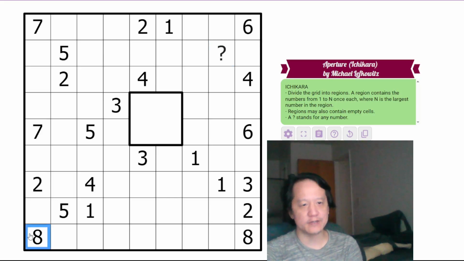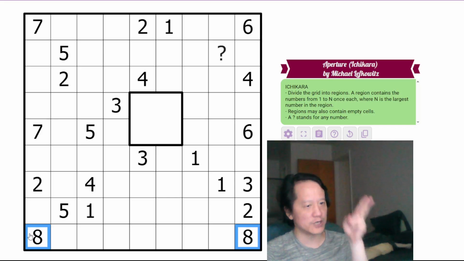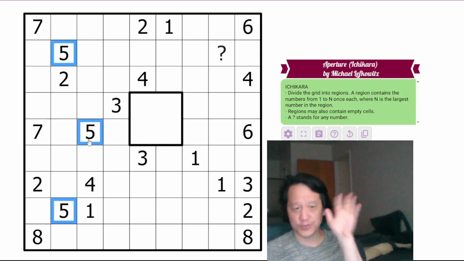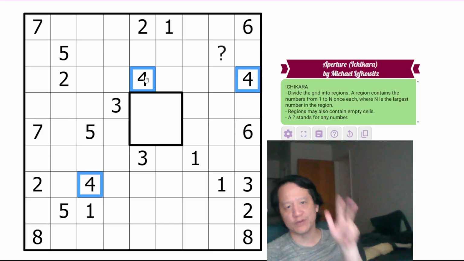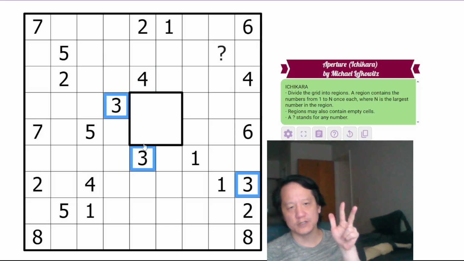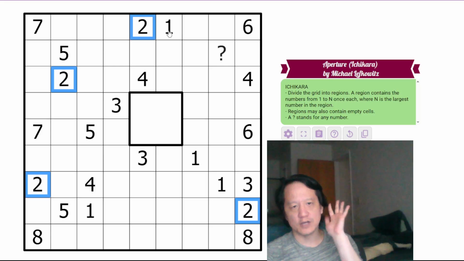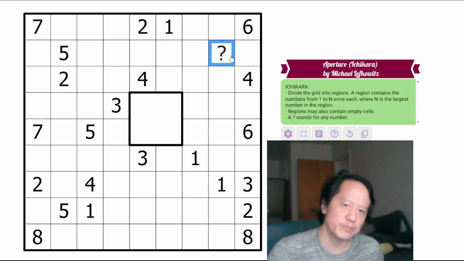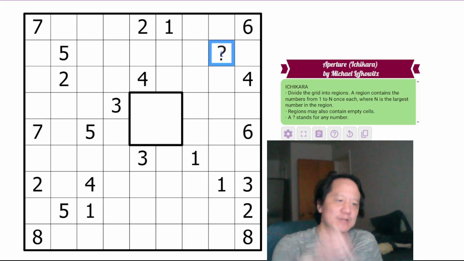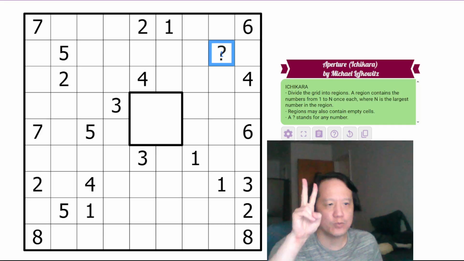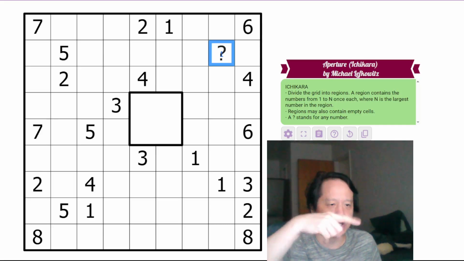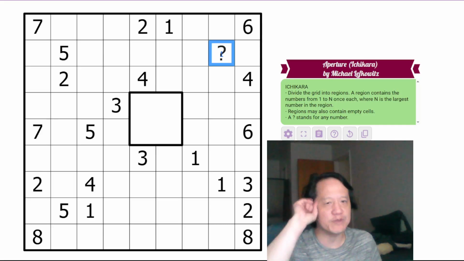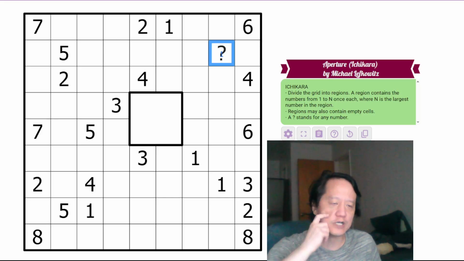So there are 2 8s, 2 7s, 2 6s, 3 5s, but we also have 3 4s, 3 3s, 4 2s, and 4 1s. What this digit could be is a 1. It cannot be a 2. If it were 2, we would have to have another 1 to go with each of the 2s, but that would be 5 2s and 4 1s, which obviously doesn't work.